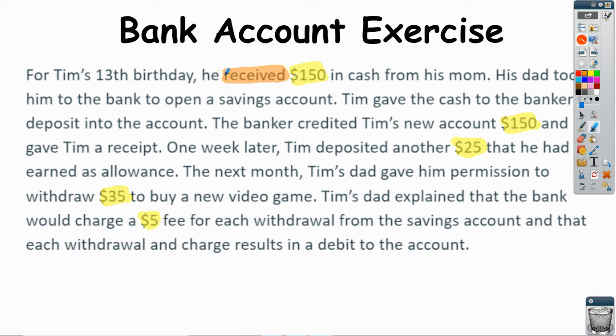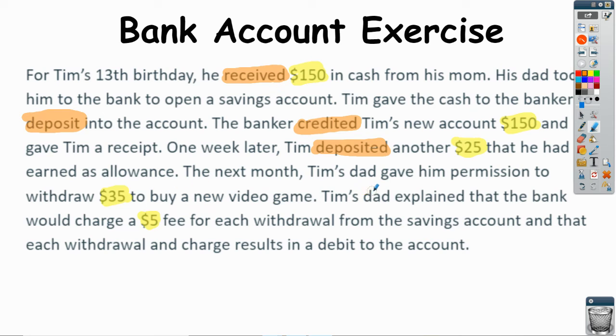For Tim's 13th birthday, he received $150 in cash from his mom. His dad took him to the bank to open a savings account. Tim gave the cash to the banker to deposit into his account. The banker credited Tim's new account $150 and gave Tim a receipt. 1 week later, Tim deposited another $25 that he had earned as allowance.